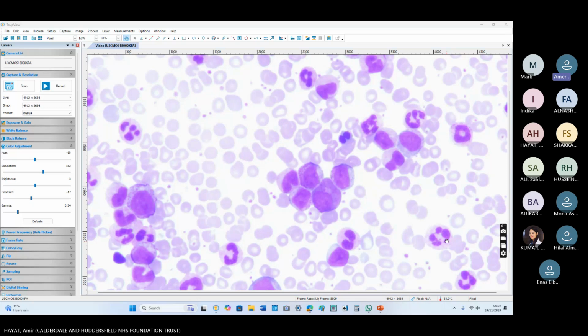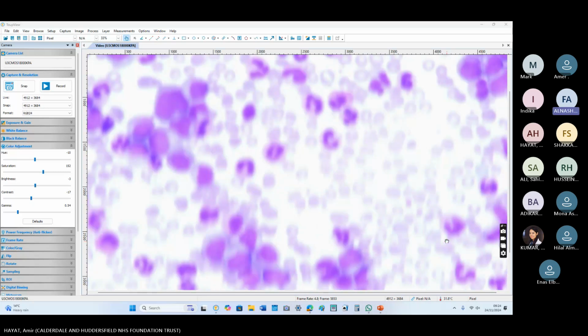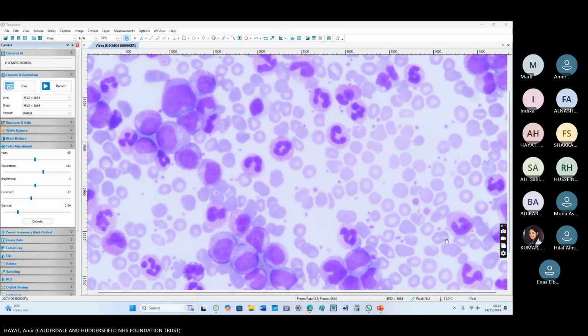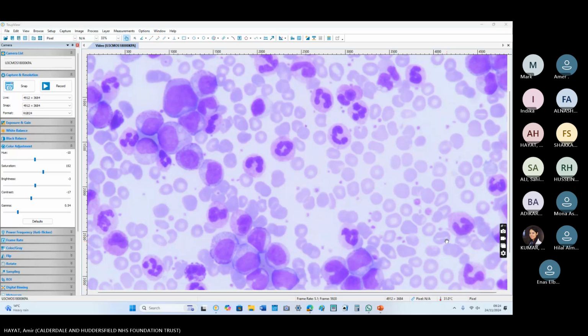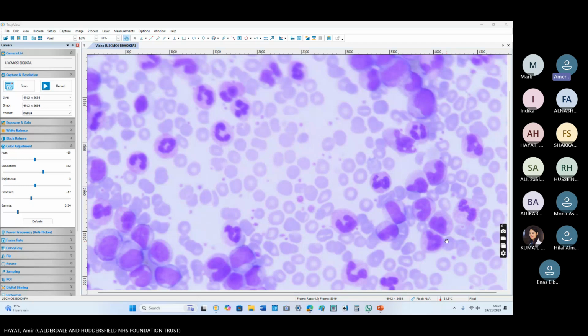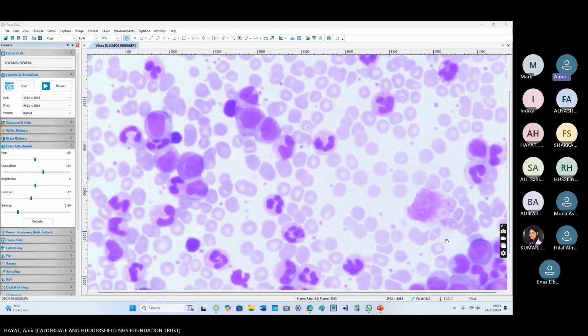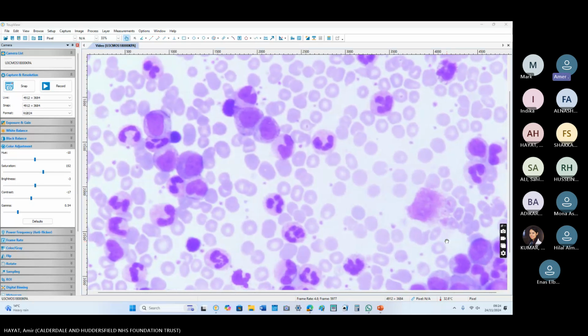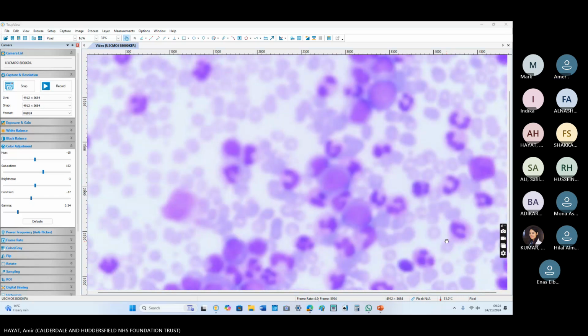So how will you report this blood film? Can we see a lymphocyte just to compare with the size of the RBC? It would be very difficult because the film is full of the myeloid spectrum.